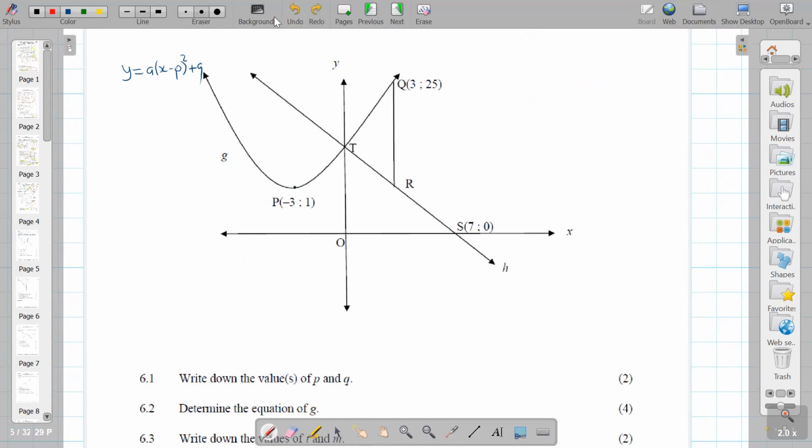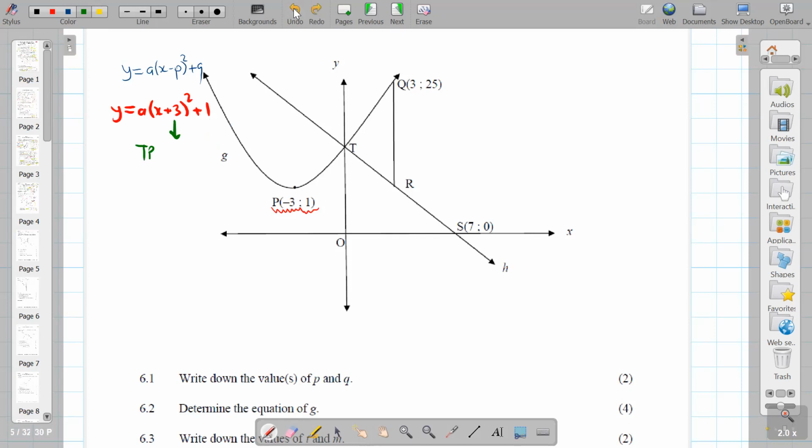Because the turning point is given, I can actually just write the function. It's going to be a(x plus 3) square plus 1. The x coordinate of the turning point is -3, and the y coordinate of the turning point is 1.